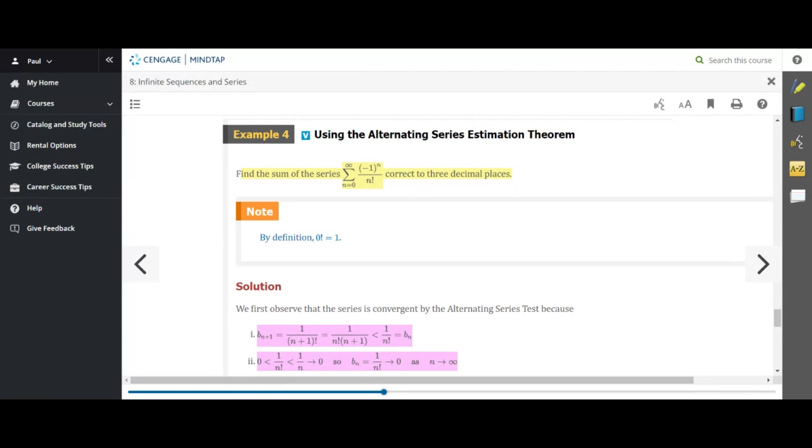Notice the series starts at n equals 0. So let me go to the whiteboard again.